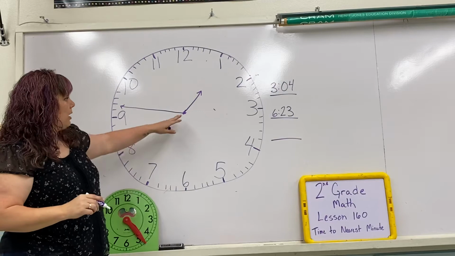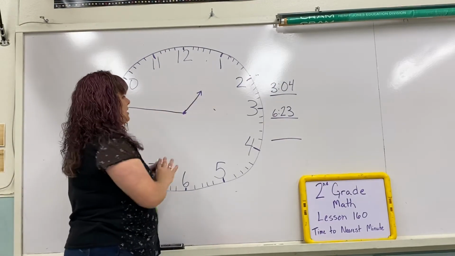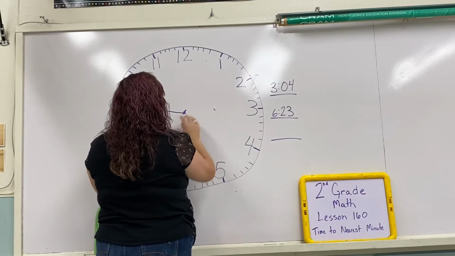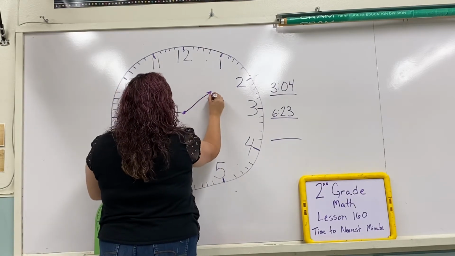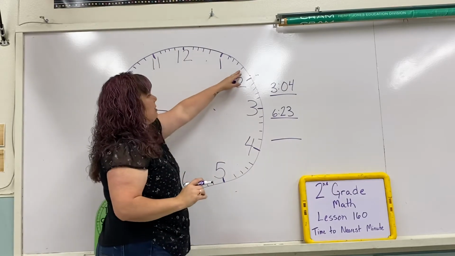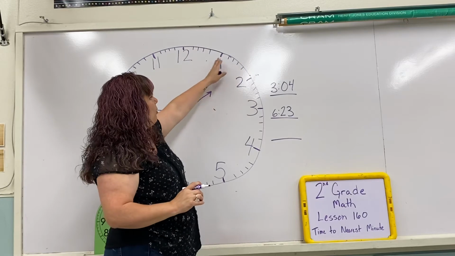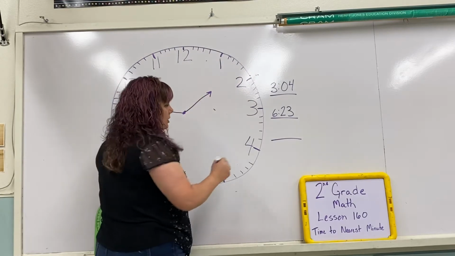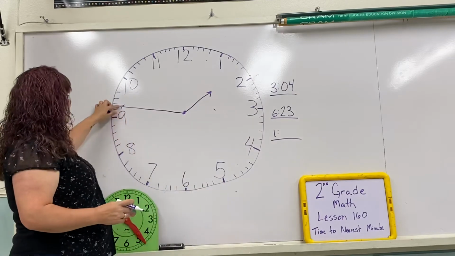Okay, so now where's my hour hand pointing to? Actually, technically for this one, let Mrs. Tussie fix that. Technically for this one, my hour hand should be right here. It should be in between the 1 and the 2, which means we're going to go with 1. We always go with the smaller number when it's between 2. And now let's look at our big hand.